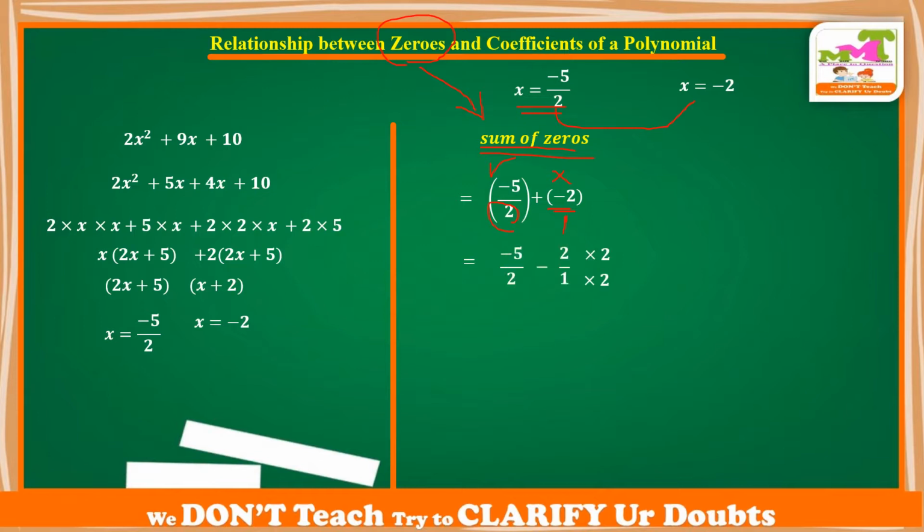Then 1 into anything is the same thing, we neglect it. Then 5 into minus 1 is minus 5, 2 into 2 is 4, and minus over here. So it's minus 5 and minus 4, we're going to get minus 9 divided by 2. This is nothing but the sum of the zeros.